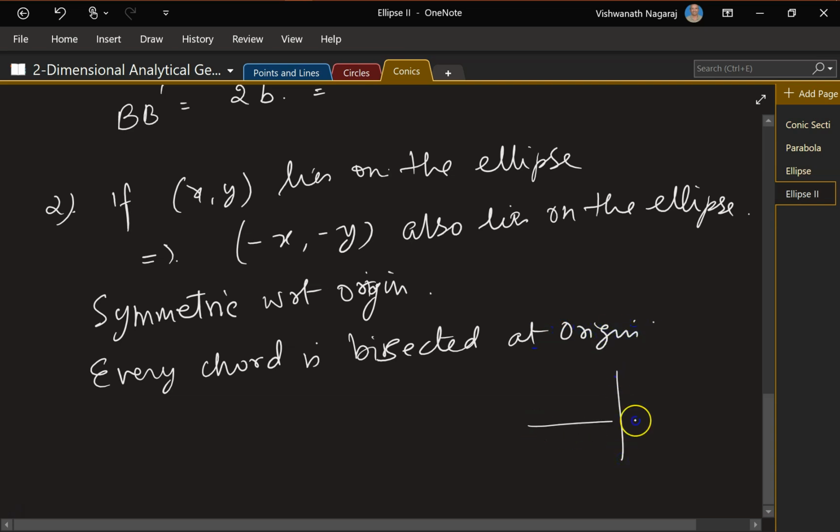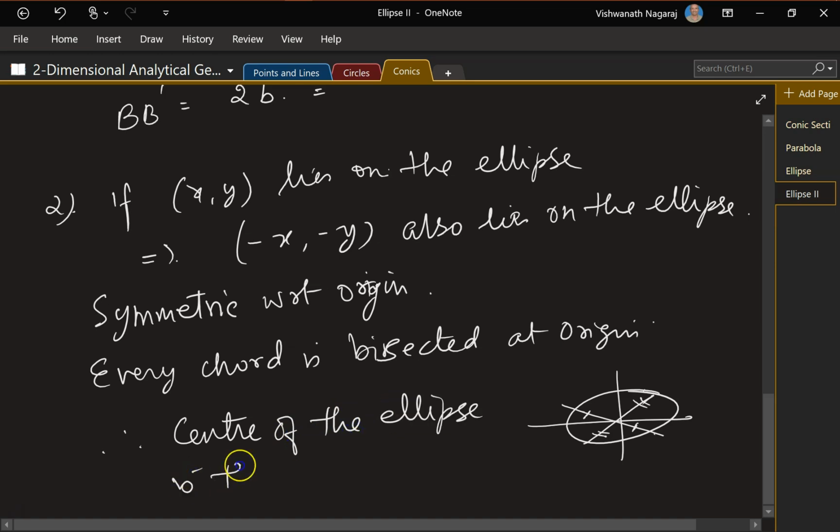So basically what that means is that if you draw a chord through origin, doesn't matter which, this would be equal to this, this would be equal to this. That means the two parts of the chord cut by the origin will be equal, and we call this point, the origin, the center of the ellipse.